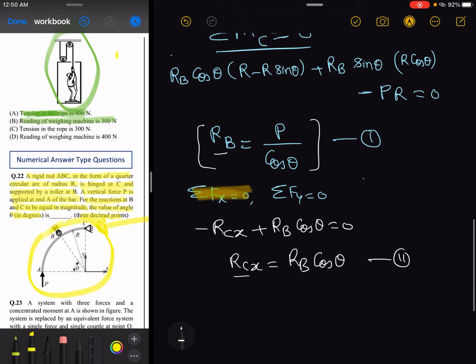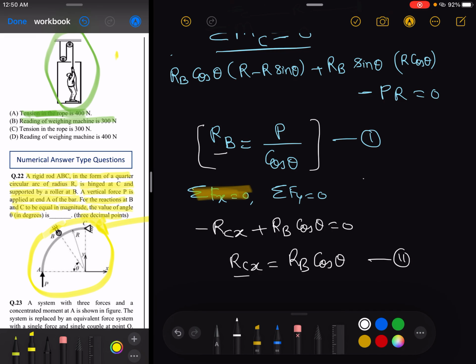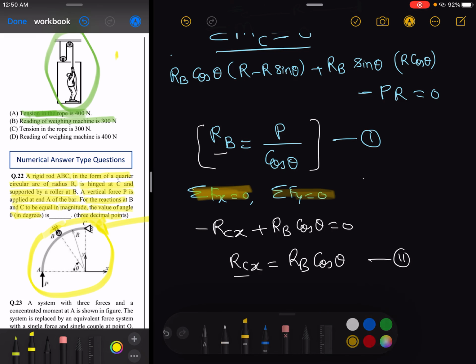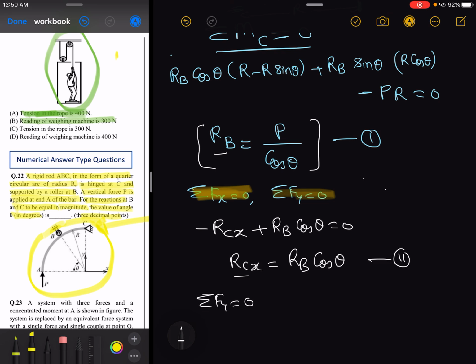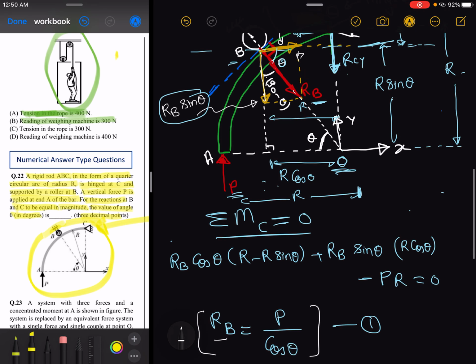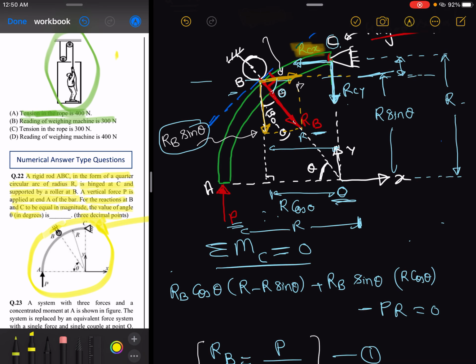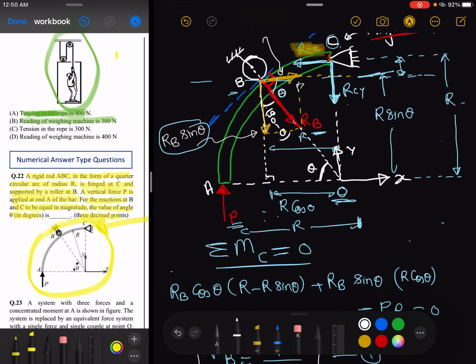Now the remaining last equation, this Fy equals 0, which we are going to do. So we are using the net force along the y direction, which should be 0. We are considering the forces that are acting along the y direction only.